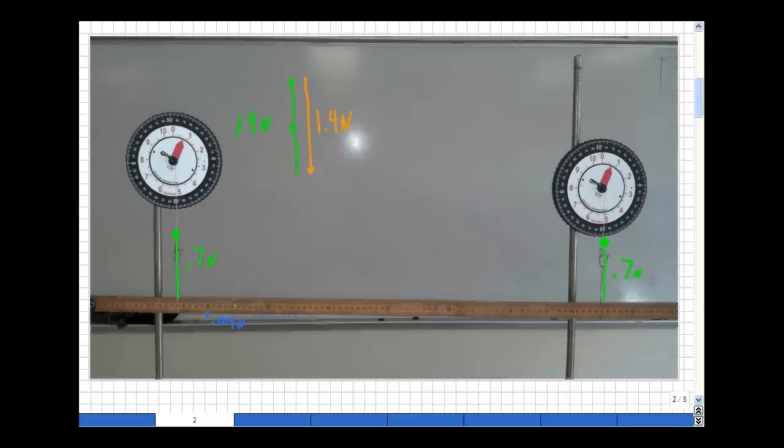But ultimately, on average, all of that weight of that stick is at the middle of the stick. The balance point, something we call the center of mass. So we place the entire 1.4 newtons at the center of mass, and since the mass is evenly distributed along the stick, we put it right here at 50 centimeters.